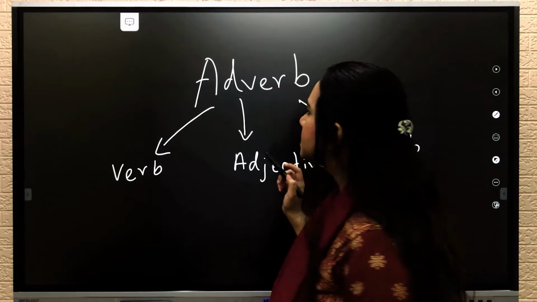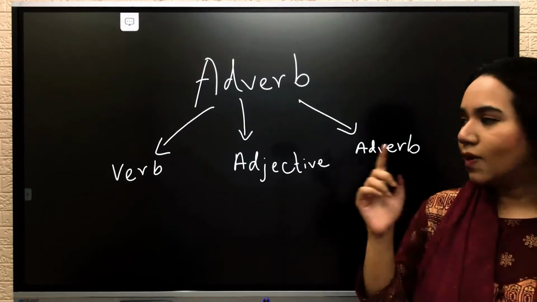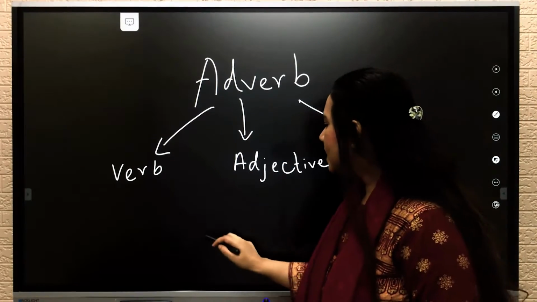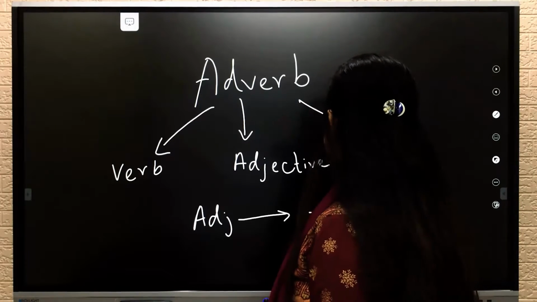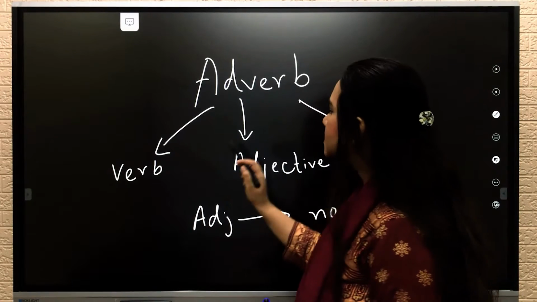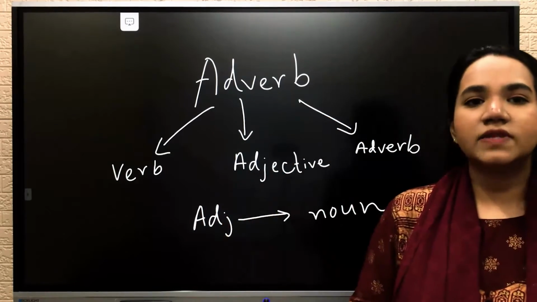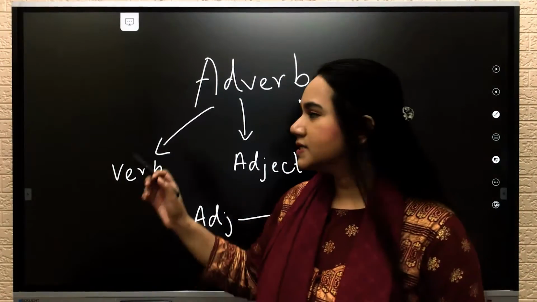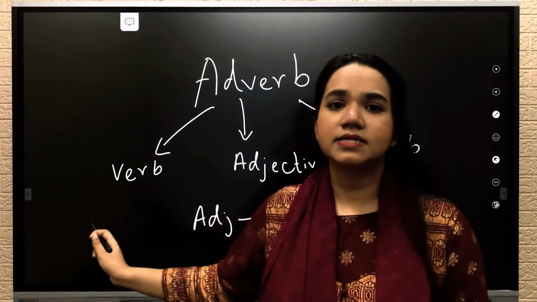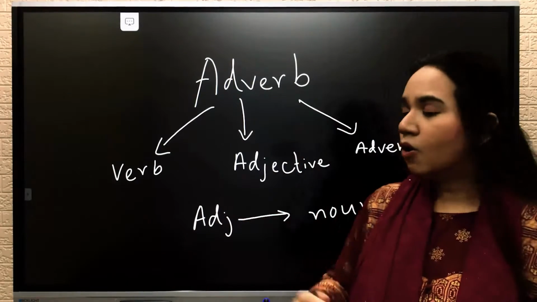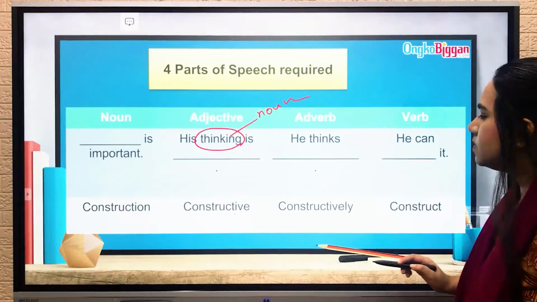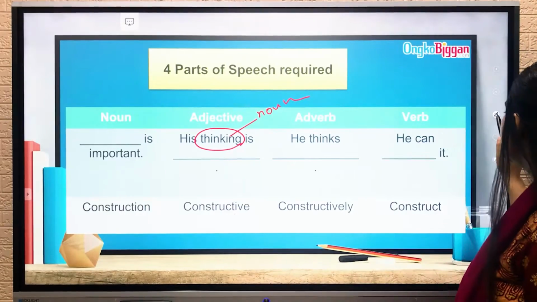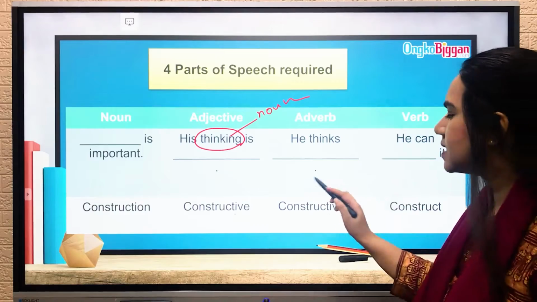So we need to remember these three things. And what does an adjective describe? An adjective only describes a noun, but an adverb describes these three things. So if there is a verb already present, then the adverb can describe that verb, or another adverb as well.